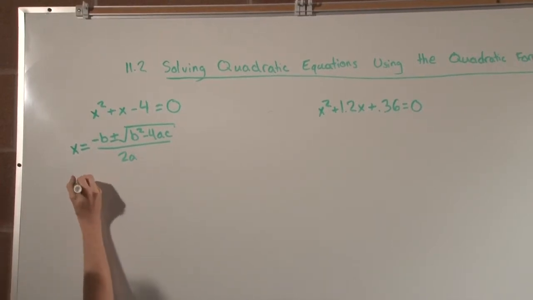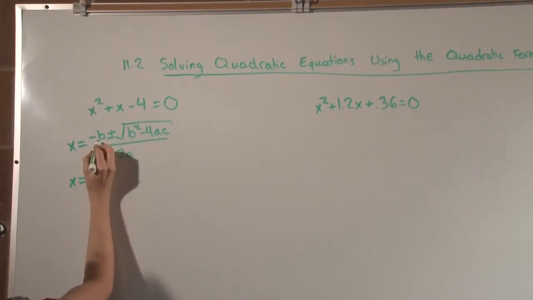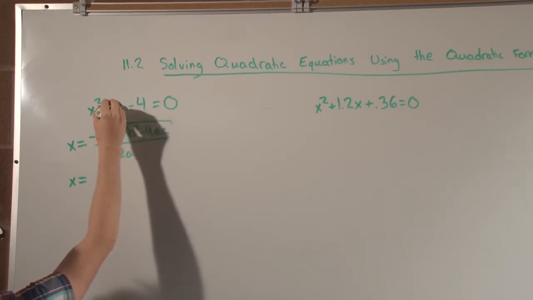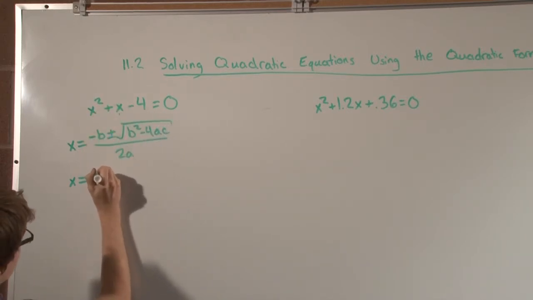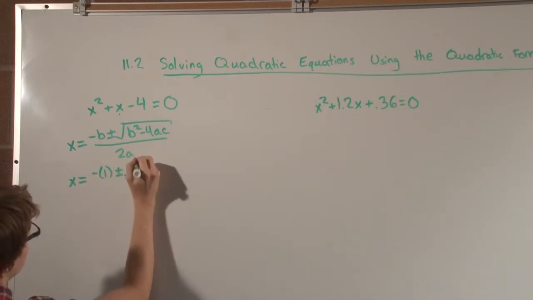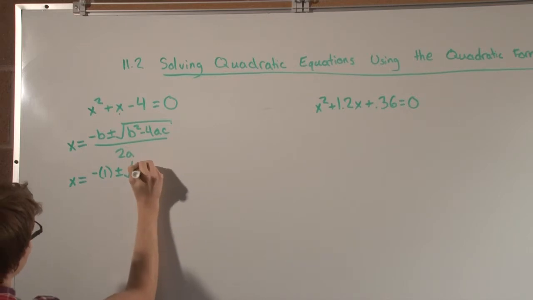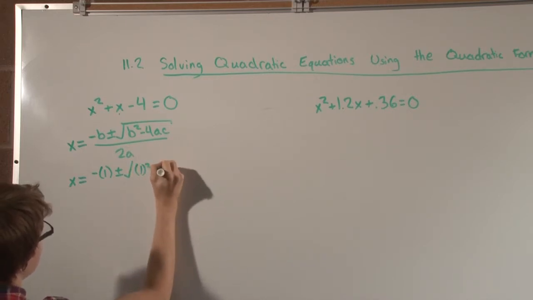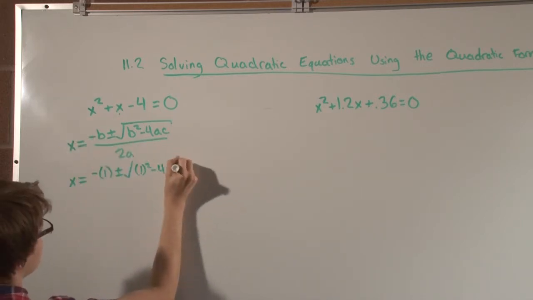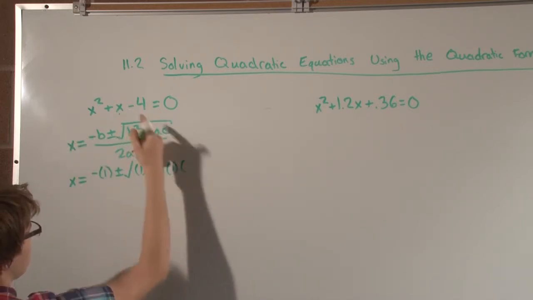So anyway, plugging this in, what's our b value? The b value is whatever's in front of this x, and so there's an invisible 1 there. So let's plug in negative 1 plus or minus the square root of 1 again squared minus 4 times the a value, which is in front of the x squared, which is 1, then c, which is negative 4.